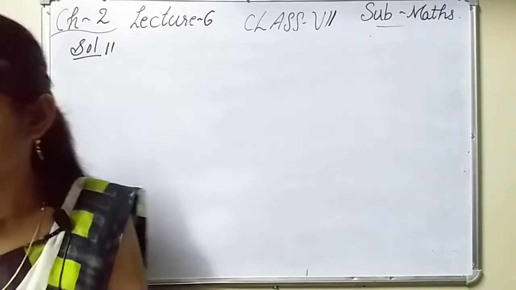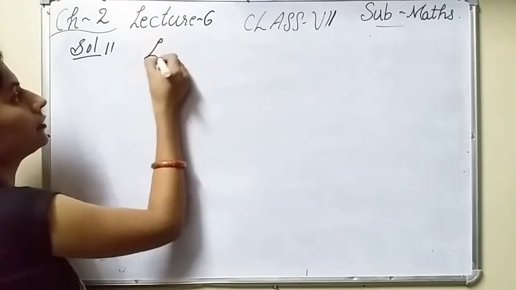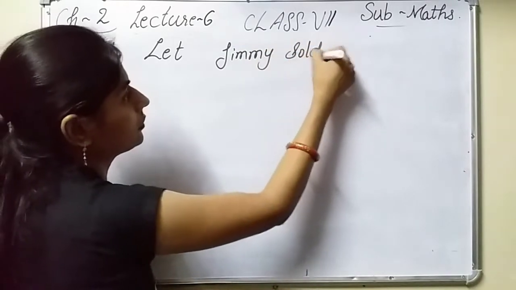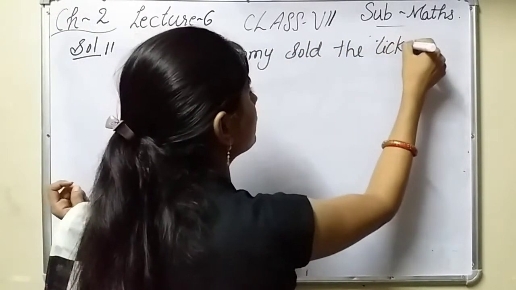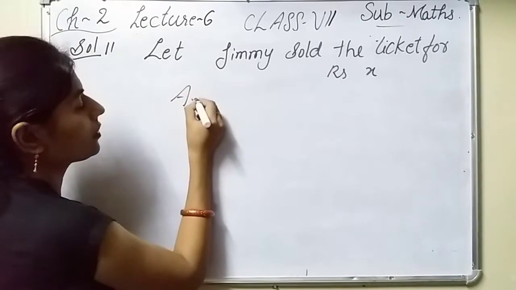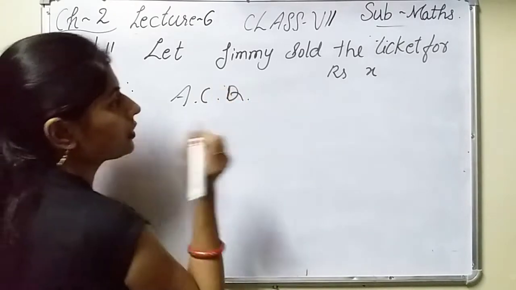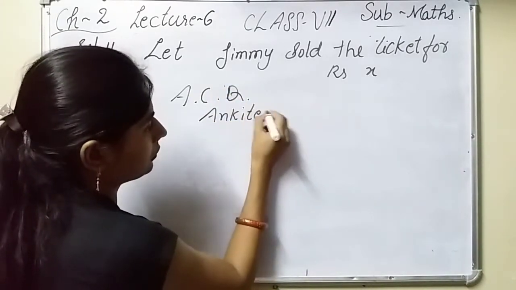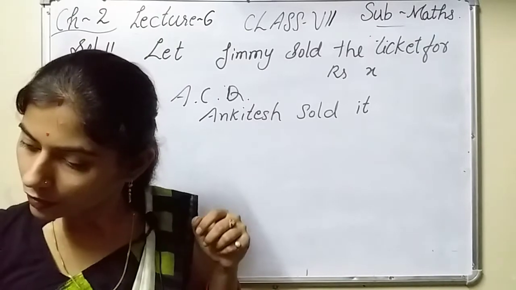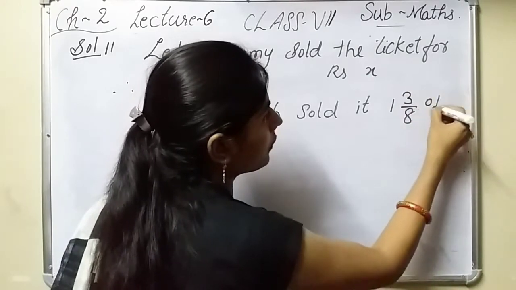Number 11. See what is given here. First of all, let Jimmy sold the ticket for rupees x and Ankitesh, therefore, according to the question, Ankitesh sold it for what is given here, 1 3 by 8, 1 3 by 8 of Jimmy.